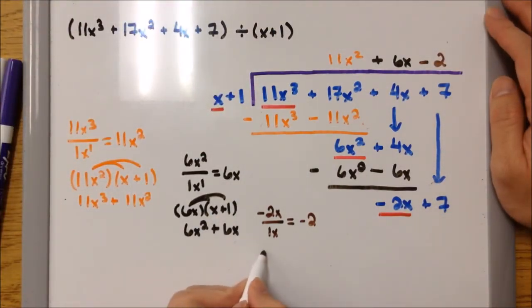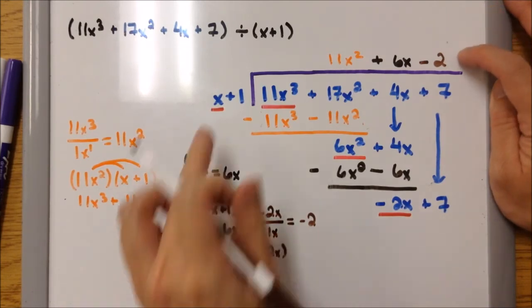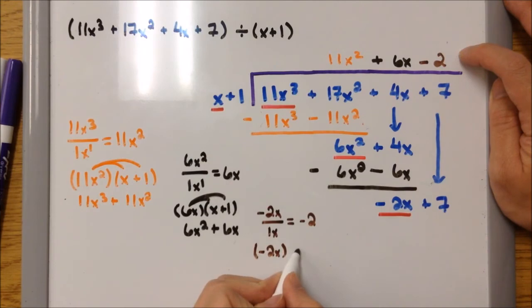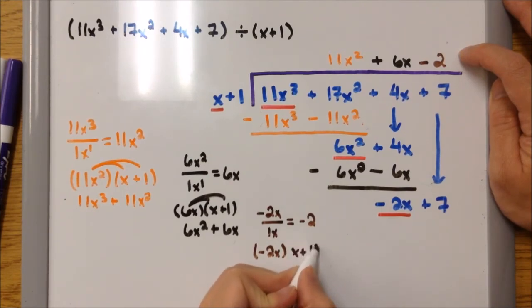So a negative 2x, and I'm multiplying that to the divisor right there, x plus 1. And again, I'm distributing the negative 2x to everything here. So we're going to get negative 2x squared. Negative 2x times plus 1 is just minus 2x.